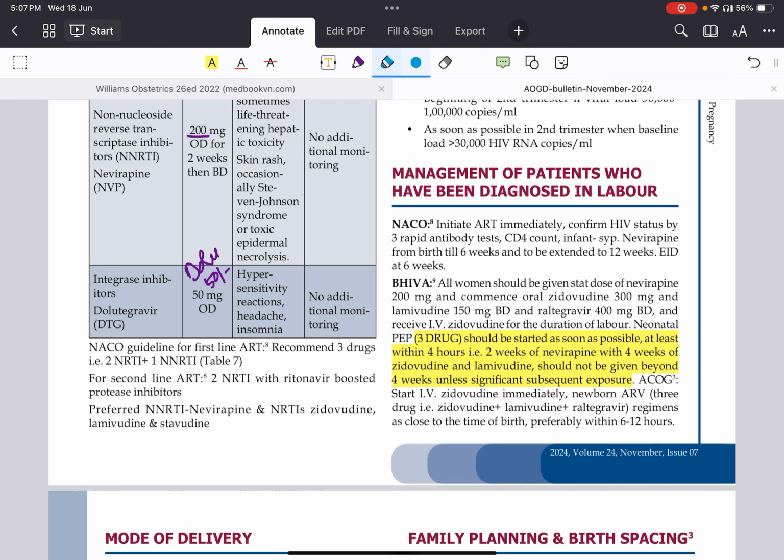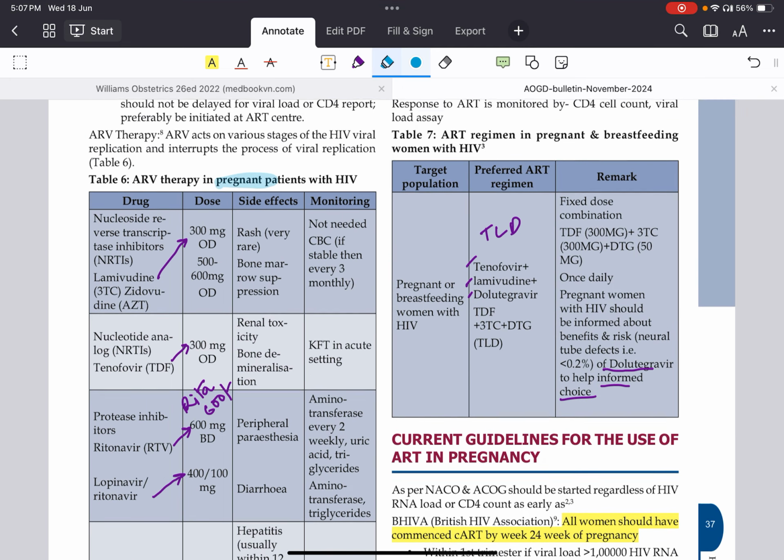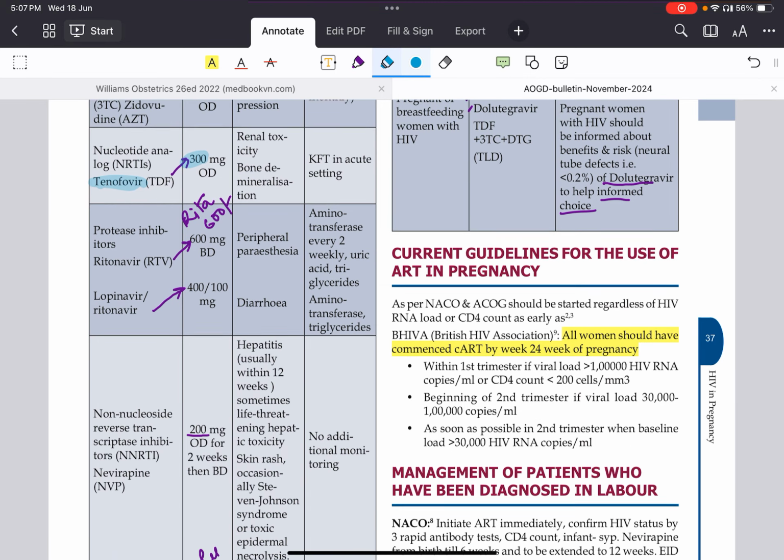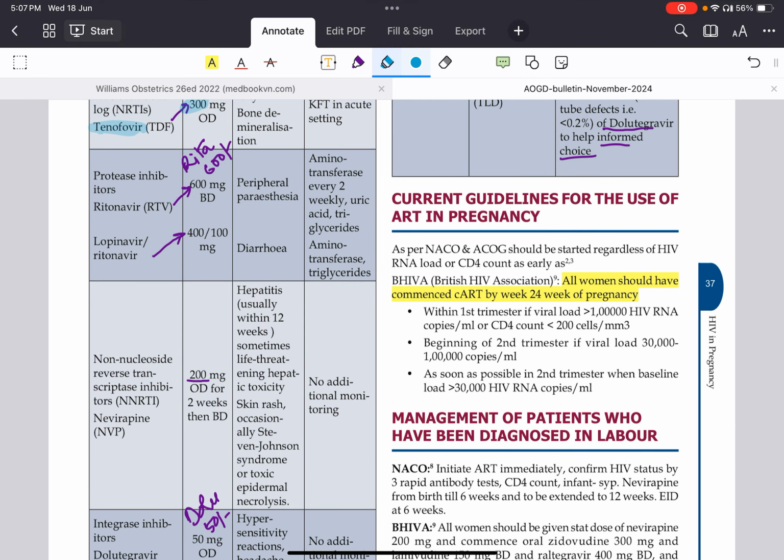Here NACO says that two NRTI and one NNRTI should be given. What is NRTI? Nucleoside reverse transcriptase inhibitors. It is lamivudine 300. Another NRTI is tenofovir 300. So NRTI is 300. Coming to NNRTIs, that is nevirapine, it is 200.